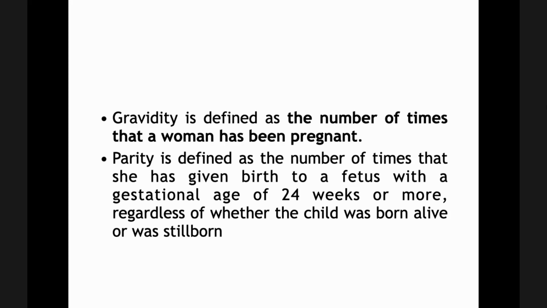Parity is the number of times that the patient has given birth to a fetus beyond 24 weeks or more. So she should have delivered 3 babies, all 3 babies have crossed 24 weeks, and she has 2 miscarriages. Then you call it G5 para 3.